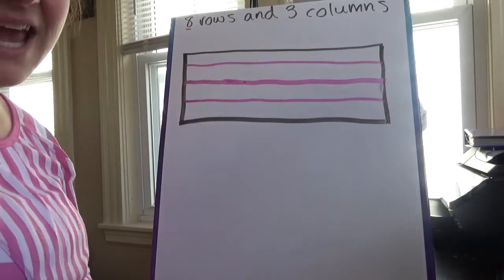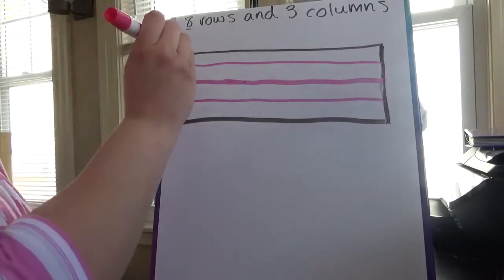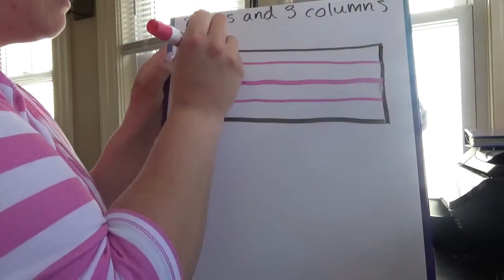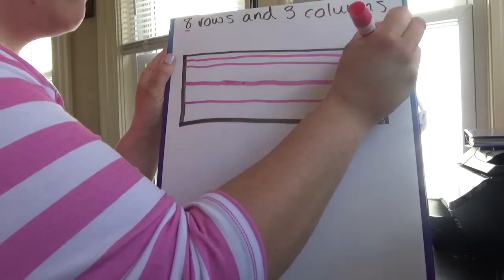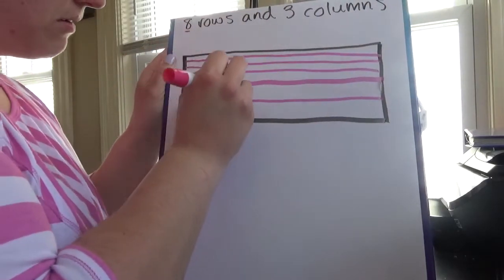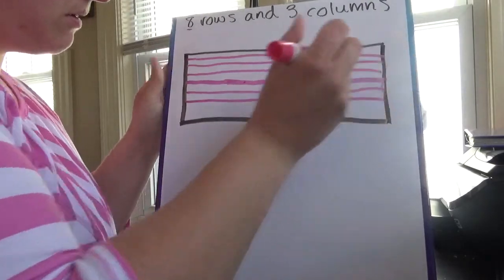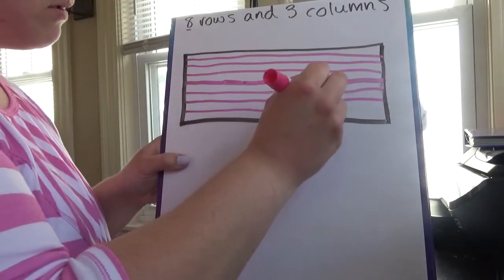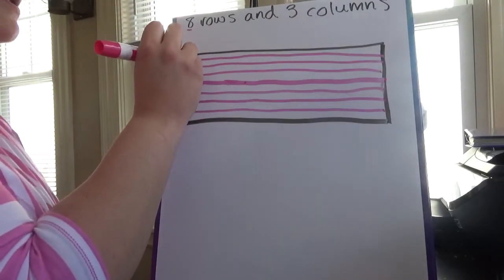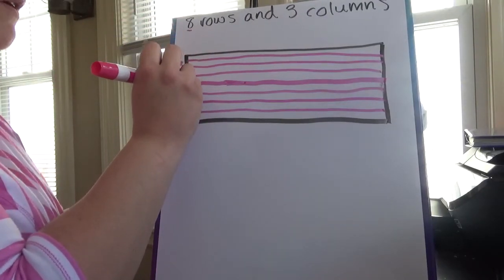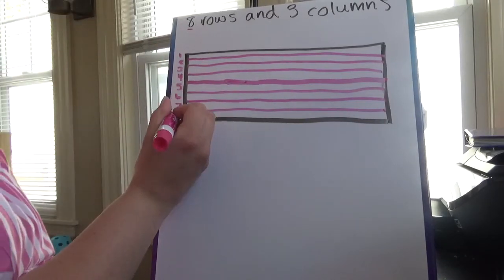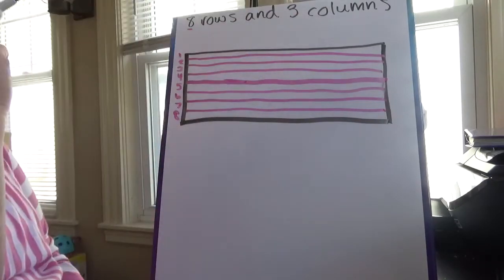I haven't gotten to 8 yet, but I know that I can cut each of these 4 parts in half again by drawing a line, and that will get me to my 8 rows. There you go, 8 rows. 1, 2, 3, 4, 5, 6, 7, 8. Awesome. Now I'm ready to divide it into 3 columns.